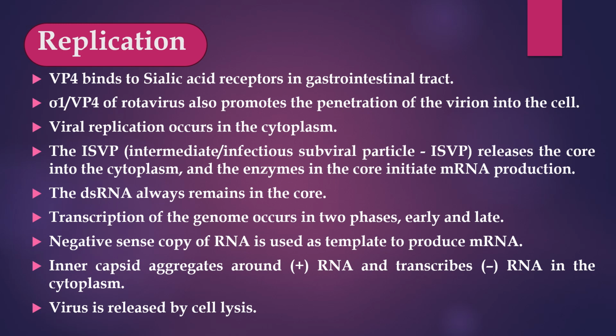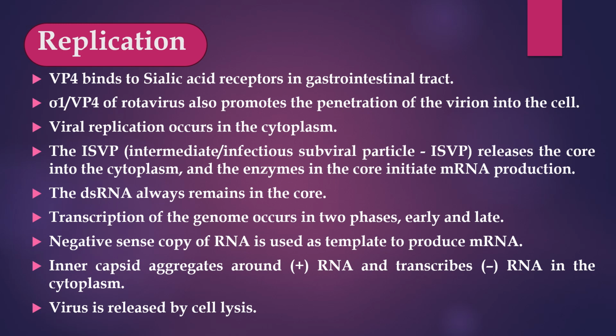Replication. The replication of rotavirus begins after the viral glycoprotein 4 binds to the sialic acid receptors in the gastrointestinal tract. The VP4 protein also promotes the penetration of virion into the host cell.